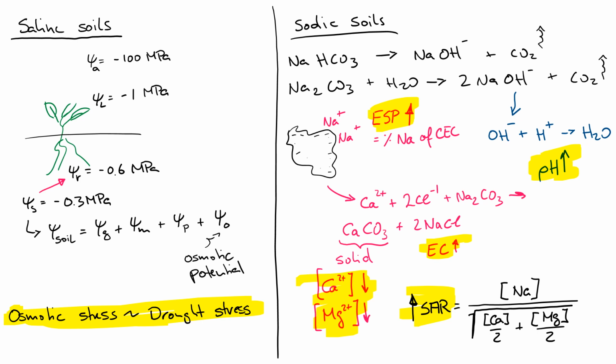And sodium here is the dispersing agent. So if we have more sodium, the soil tends to be dispersant. If we have more calcium, magnesium, it tends to be more flocculating. So this is a metric that helps us determine whether a soil is saline or sodic, and it also says something about how the physical structure of the soil will be affected.